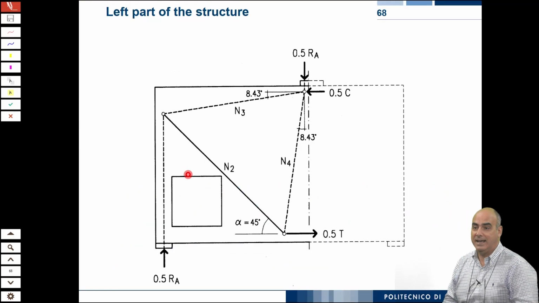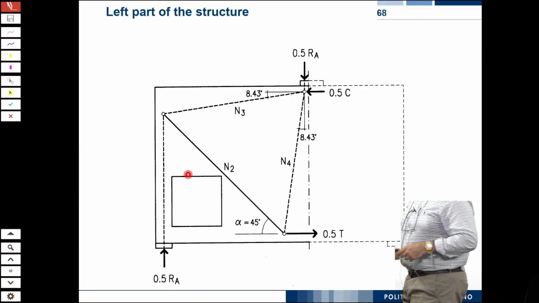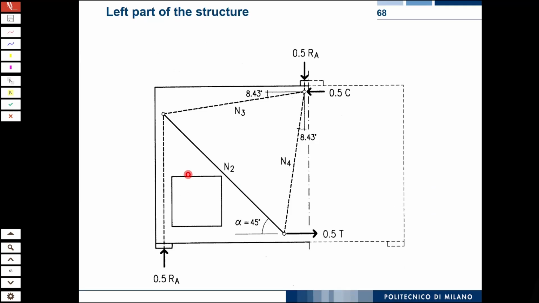On the other side, we try to do one thing. Well, actually, this is already the outcome of the design. You see here, it's not written RA, it's written 0.5 RA. So you can say, well, why am I designing for half the force? Because this comes from the paper of Schleich and Schaefer, actually.